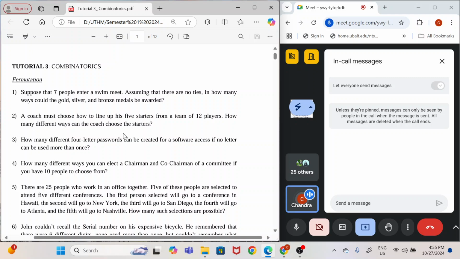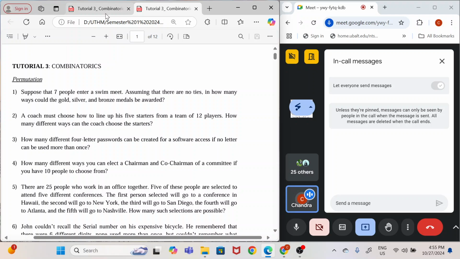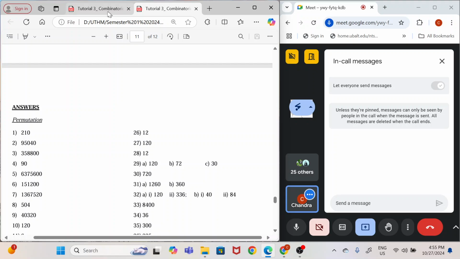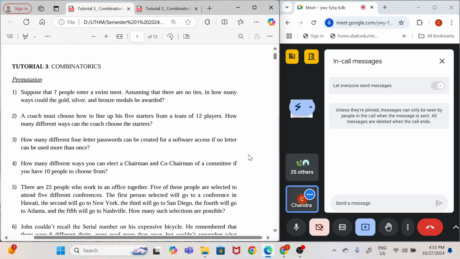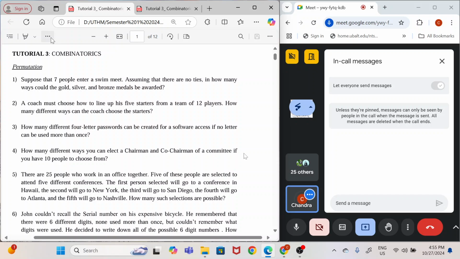You have 50 questions for permutation, and 50 questions for combination. Okay. Number 1. Number 1 to 10 is a little bit easy. Okay.